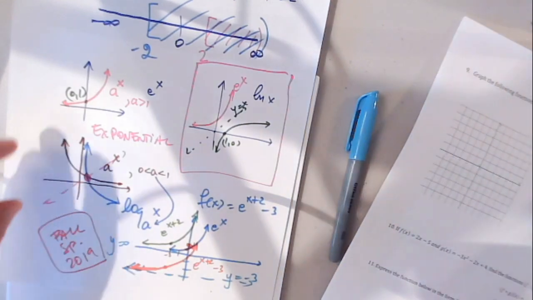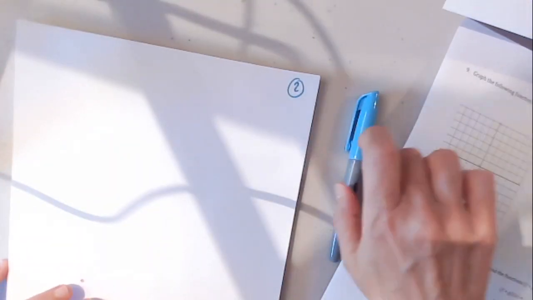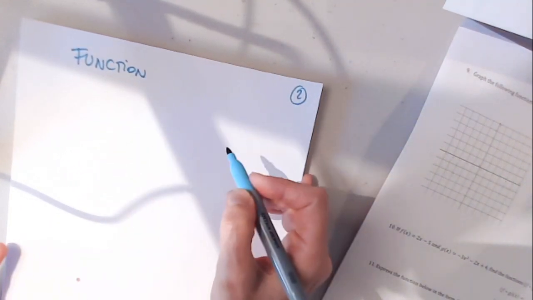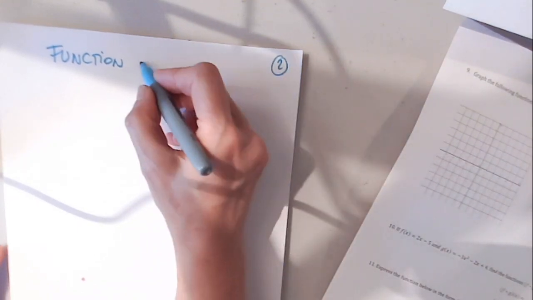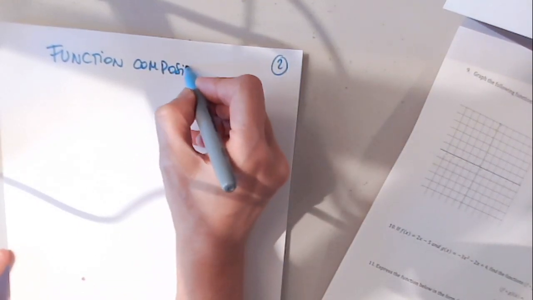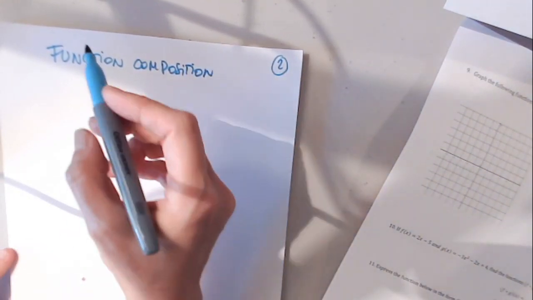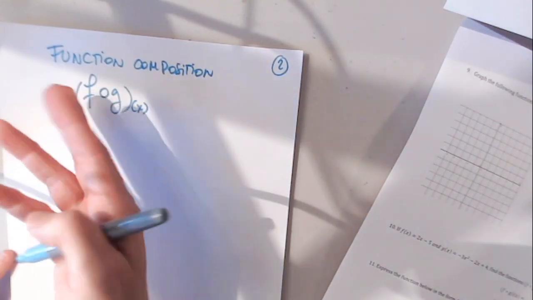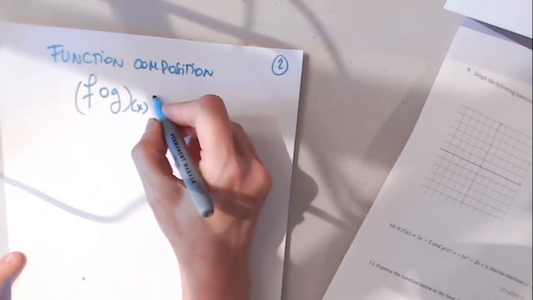11. Yes, this is a very important type of problem. Because remember, when we create the function composition, function composition is f comp g. I can also have g comp f or any other combination, but it doesn't matter.